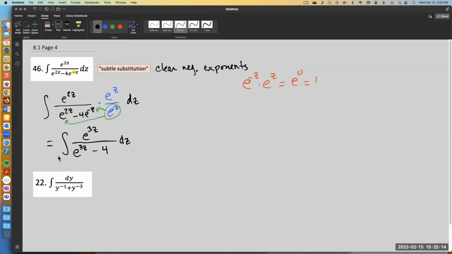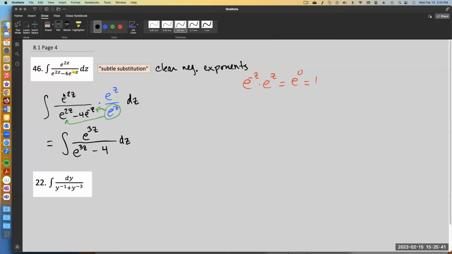Will there be cases where, when you try to get rid of the negative exponent, the e^3z won't add with whatever you're multiplying? Yeah, so you're saying that when we multiply top and bottom by whatever it is to clear this, these won't combine. For our purposes, they will.